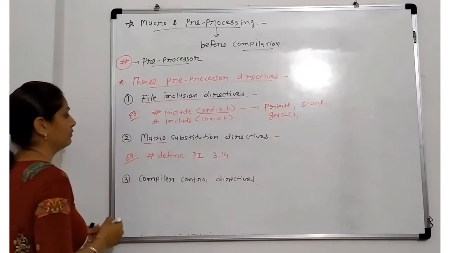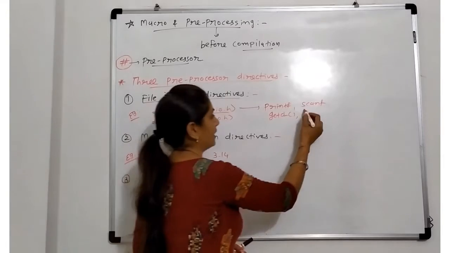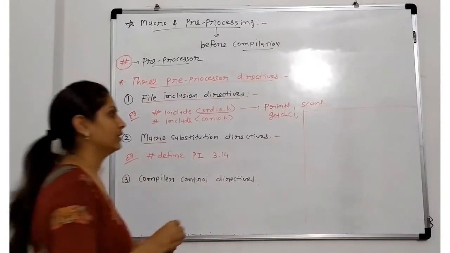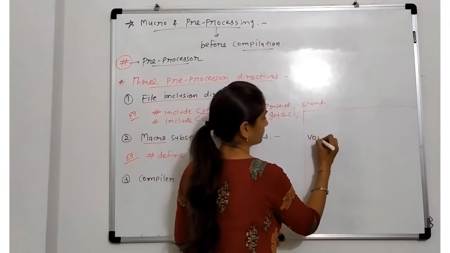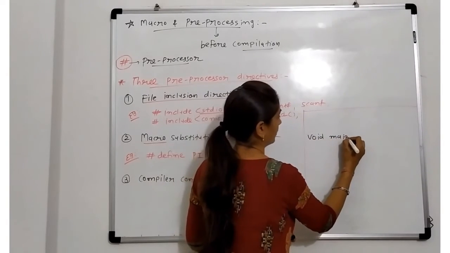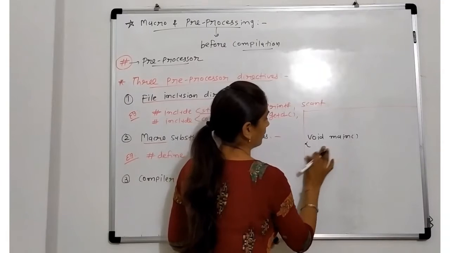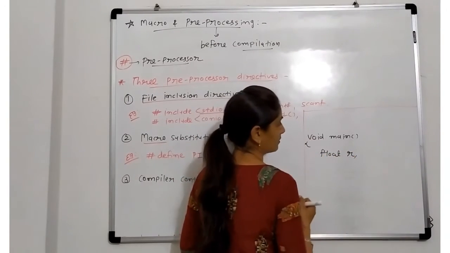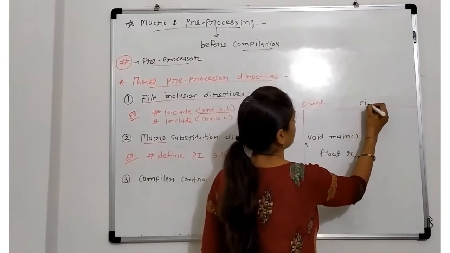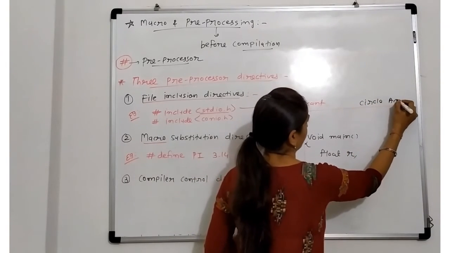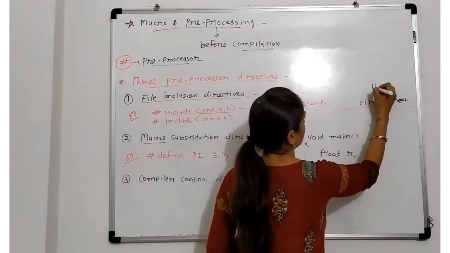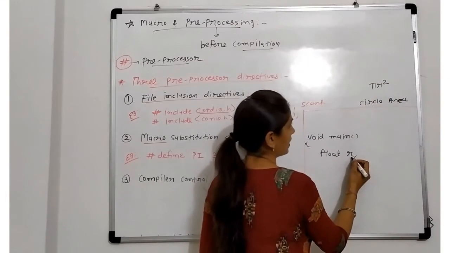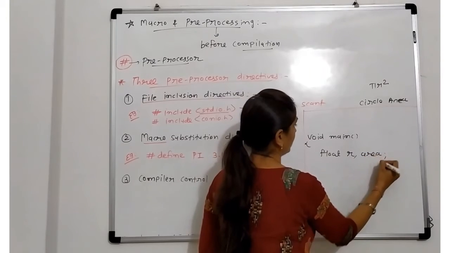For example, here we are writing one program for finding the area of a circle. In void main, we write float, the radius for finding the circle area, and the equation is pi r square. So we input the radius, that is r, and the answer is area.